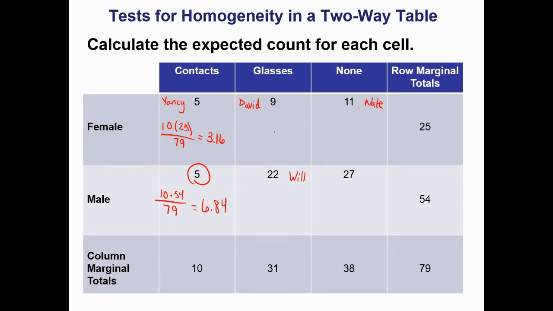Nate, would you like to do yours? Okay, how did you calculate it? Okay, so 38 times 25 over 79, and I got 12.03.